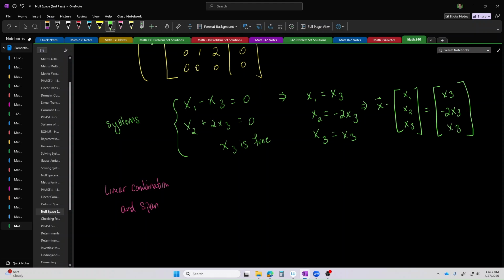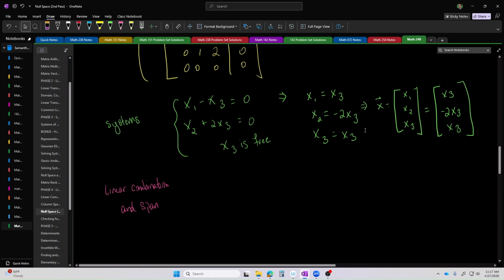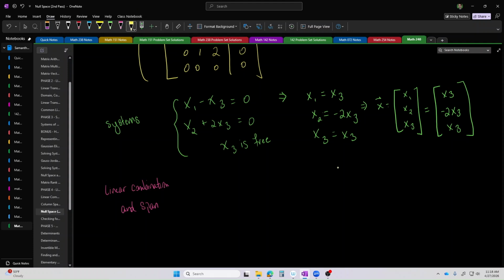So the entire vector x in this case can be expressed in terms of the single free variable x3. Because x3 is present in all three entries, you can factor out that x3 and write that the vectors in the null space must be x3 times what's left behind: the numbers 1, negative 2, and 1 again.